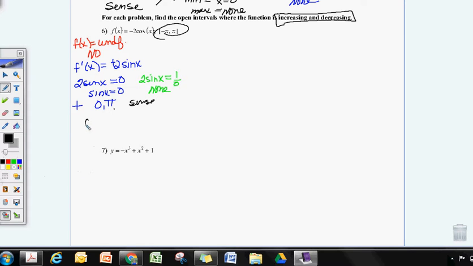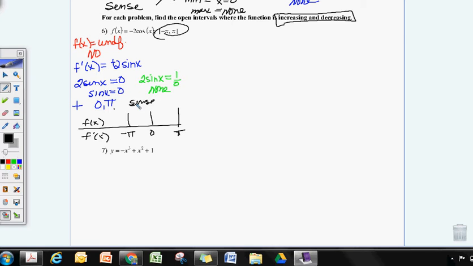So I'm going to make my f of x on top and my f prime of x on the bottom. And I'm going to put down, I can only start at -pi, and then I'm going to go to 0, and then I'm going to go to pi. And notice all of those work, so life is good.